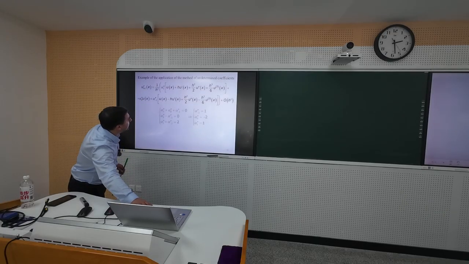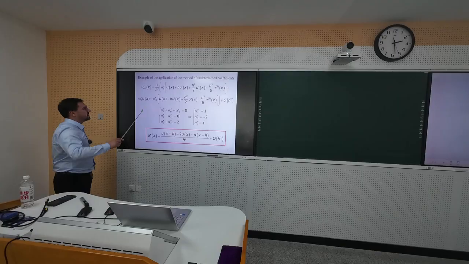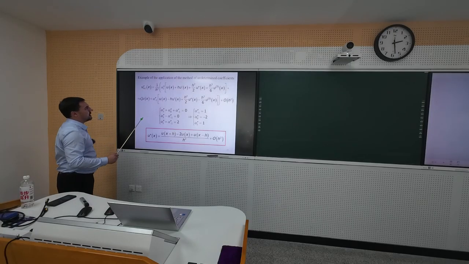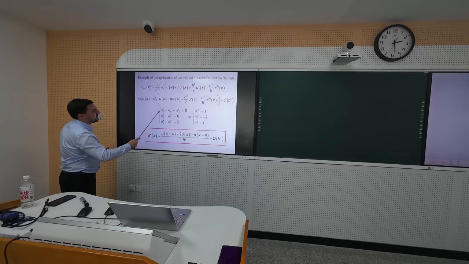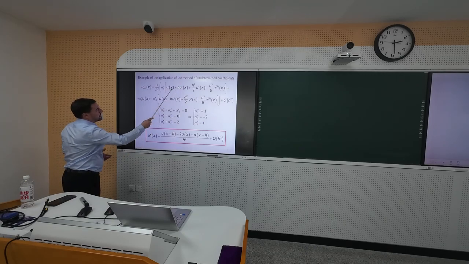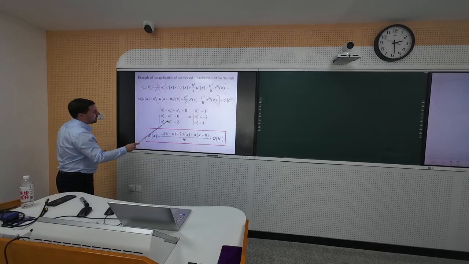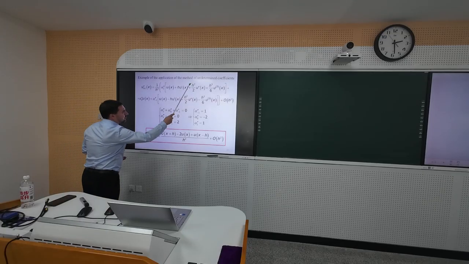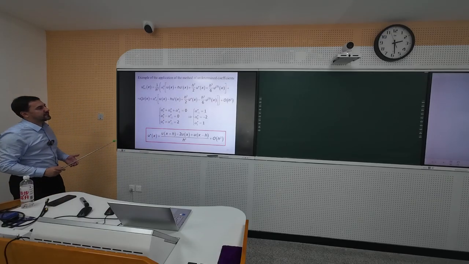Yes, and also this is an example of how we can get the second order derivative. We can use just the same approach, but now we try to get the second order derivative. And again, the summation of all coefficients should equal 0, because we don't have u. Now alpha 1 minus alpha minus 1 equals 0, because we want to approximate not the first derivative but the second derivative. But alpha 1 plus alpha minus 1 equals 2, because we want to have only the second derivative on the right hand side.